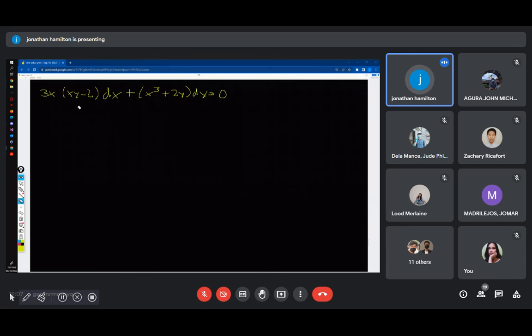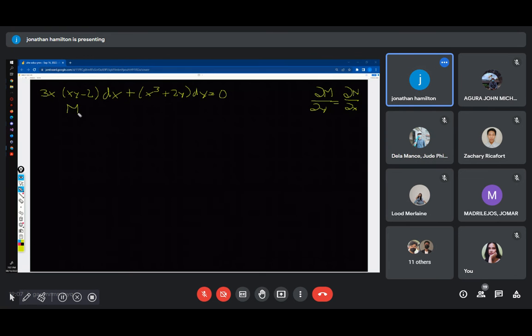So the question is, how do we determine if they are exact? We just remember the theorem, which is that the partial derivative of M with respect to y is equal to the partial derivative of N with respect to x. So what do we know about this equation?